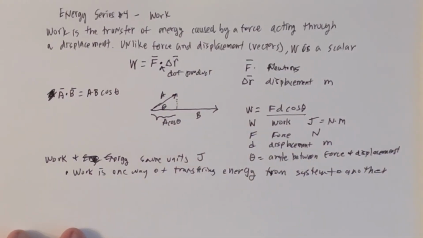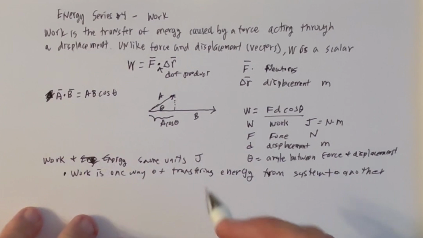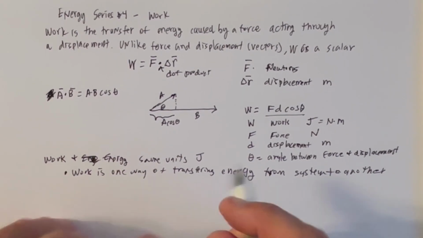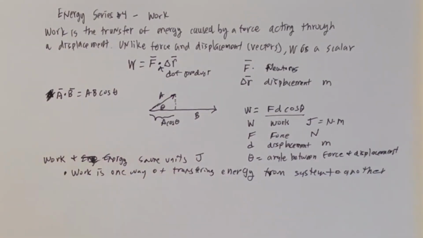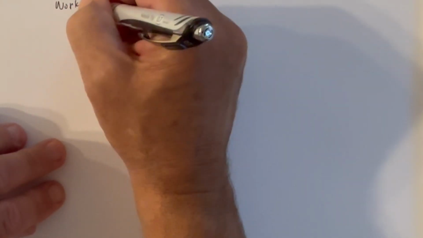So work and energy are very closely related. They have the same units. And so when we do work, we essentially are transferring energy from one system to another. And we'll do an example of this and more examples just to get you familiar with this and how this all works. We're talking about work here.